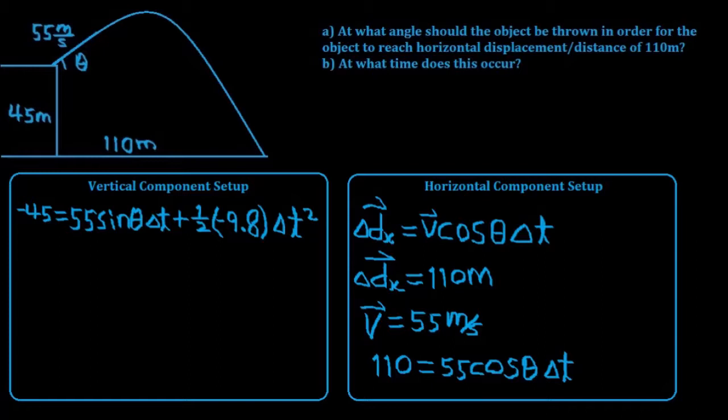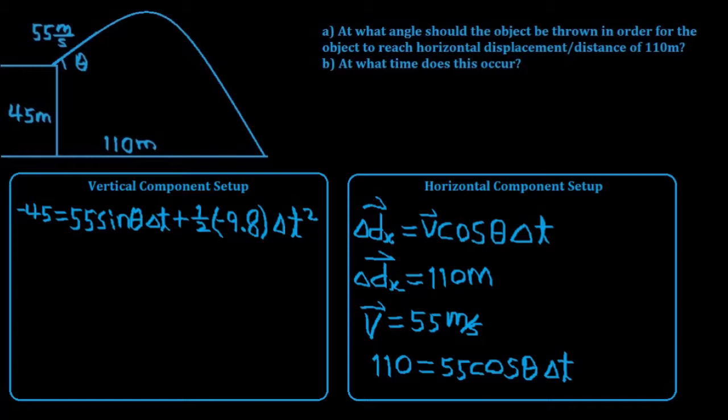And in the horizontal component, it's a little simpler, more straightforward. There is the horizontal component velocity you have to take into consideration, and then just time. You multiply that together, it gives you the horizontal distance.